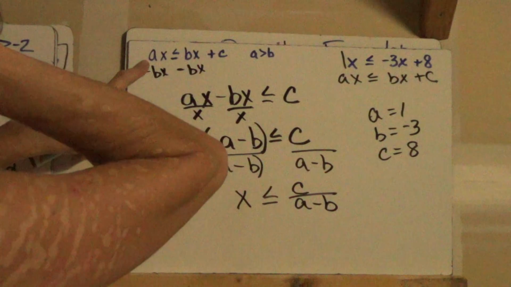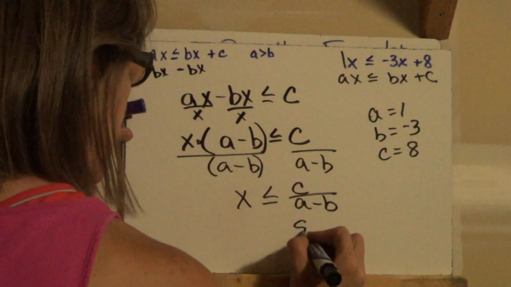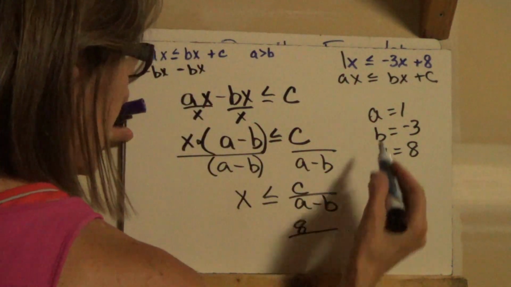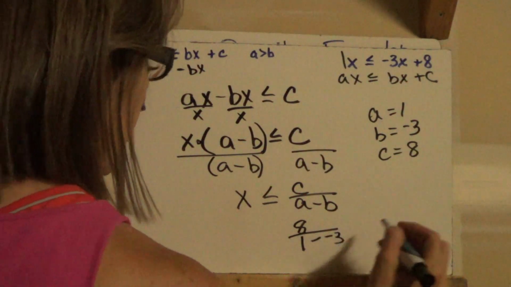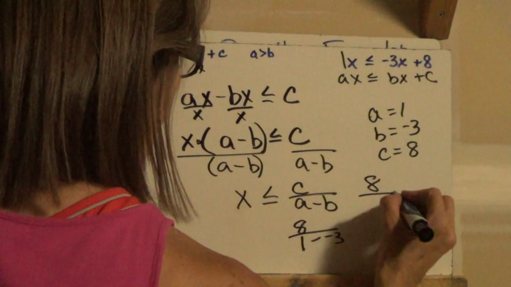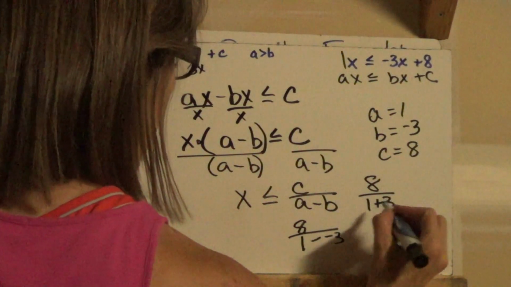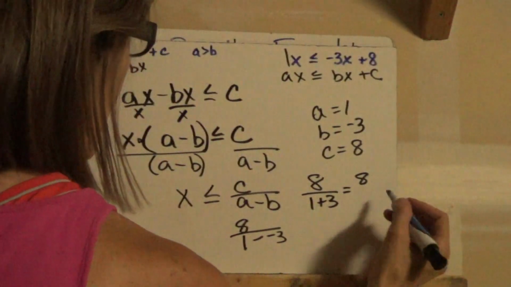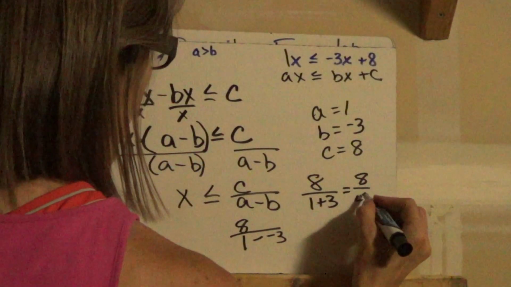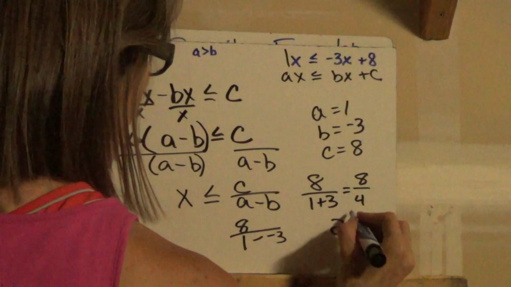So now I plug in those values. 8 over 1 minus negative 3. 8 over 1 plus 3, because two negatives make a positive. 8 over 4. 2 is your answer.